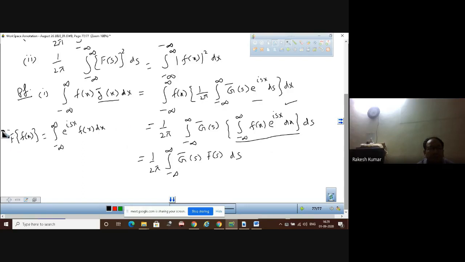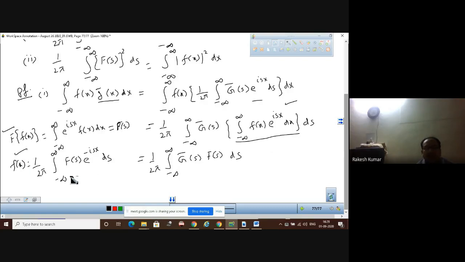This is a Fourier transform, and you will know that this will be a function of parameter s. I already have defined this definition, and from this we can find out the inversion formula. And the inversion formula is 1 upon 2 pi integral from minus infinity to infinity of f of s e raised to power minus iota s x ds.